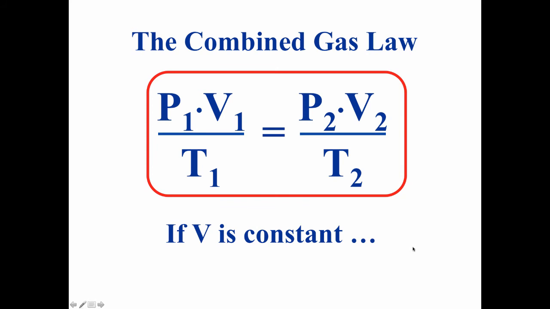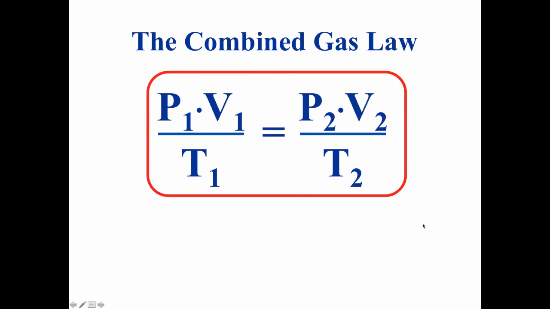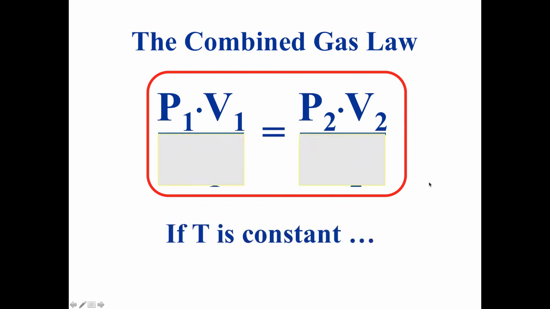If volume is constant, then V1 and V2 are equal to each other, and the combined gas law reduces to P1 over T1 equals P2 over T2, another gas law we've already seen, i.e. Gay-Lussac's law. And if temperature is constant, then T1 and T2 are equal to each other and cancel out of our equation. We have P1 V1 equals P2 V2, which of course is Boyle's law.